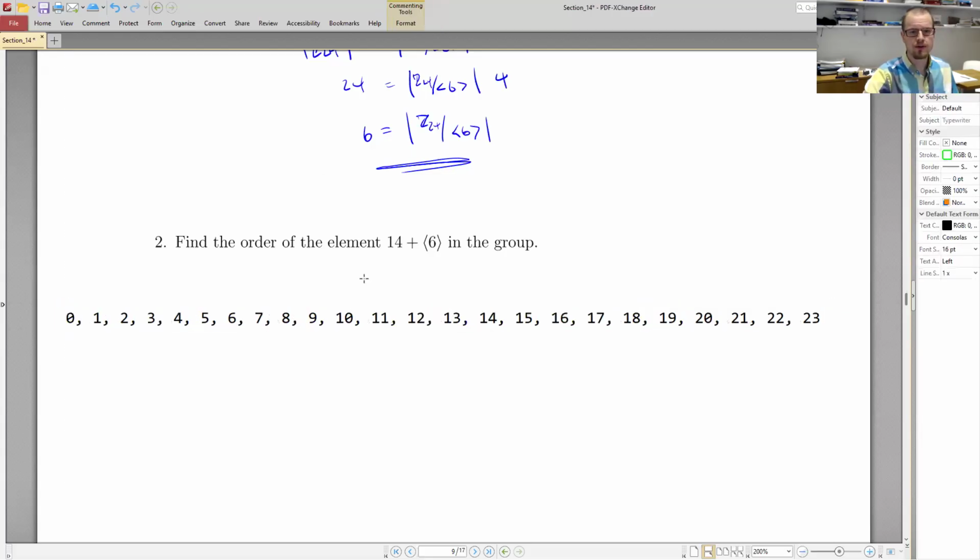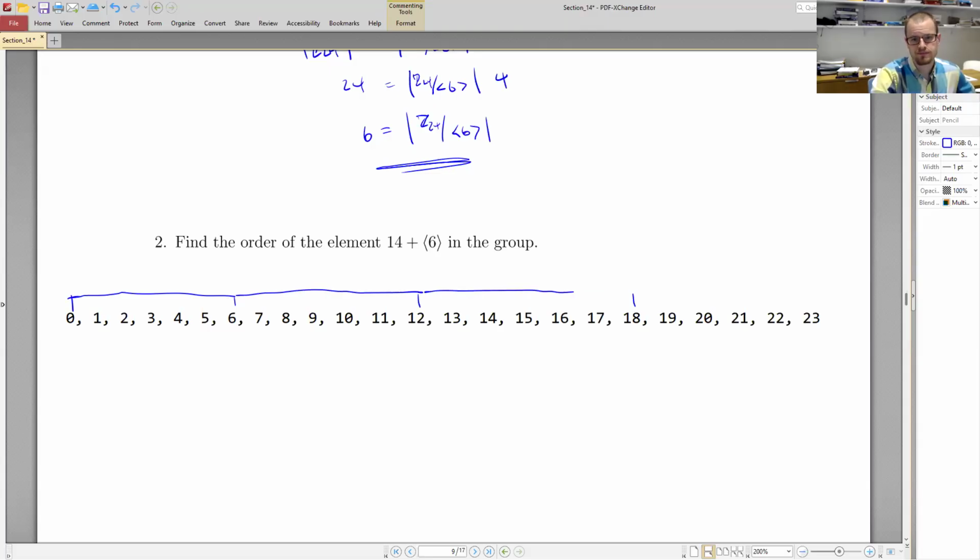So I might notice first that what's generated by 6 is one of the cosets. So 0, 6, 12, 18 creates one of the cosets. Another coset is going to be what happens when I add 1. So I get 1, 7, 13, and 19. That's another one of the cosets.